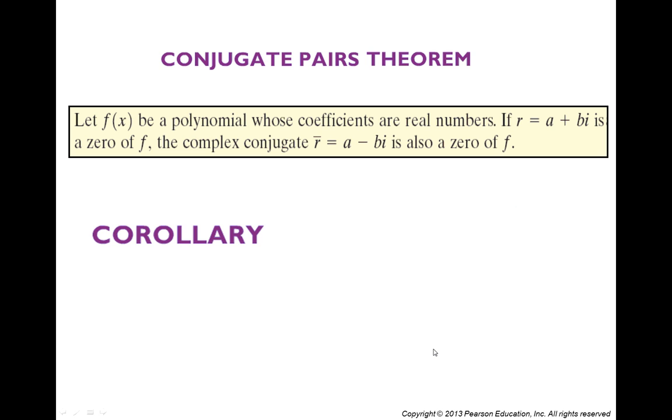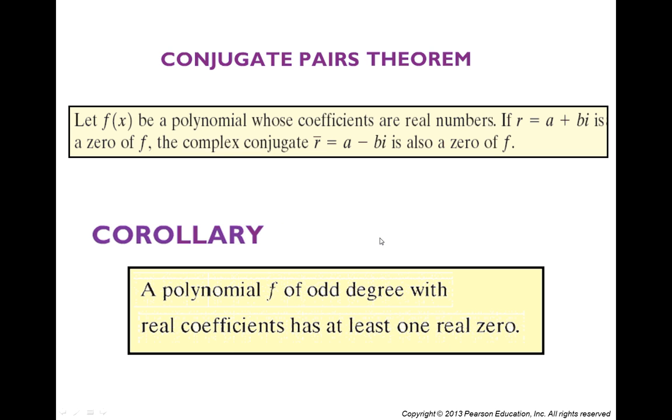So let's apply this. Let f of x be a polynomial whose coefficients are real numbers. If r equals a plus bi is a zero of f, the complex conjugate r-bar equal to a minus bi, so we change the sign between our constant and complex components, is also a zero of f.